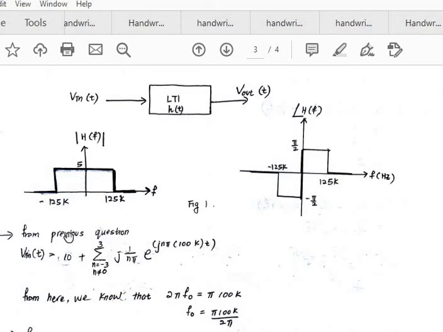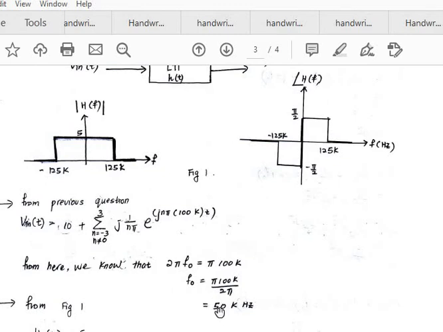You need to know what the f naught is. Given 2 pi f naught is equal to pi 100k, because from the question you can't see what the omega naught is. So you know that 2 pi f naught is pi omega naught, right? So f naught is equal to pi 100k over 2 pi. When you simplify, you will just get 50k. So this 50k is f naught.